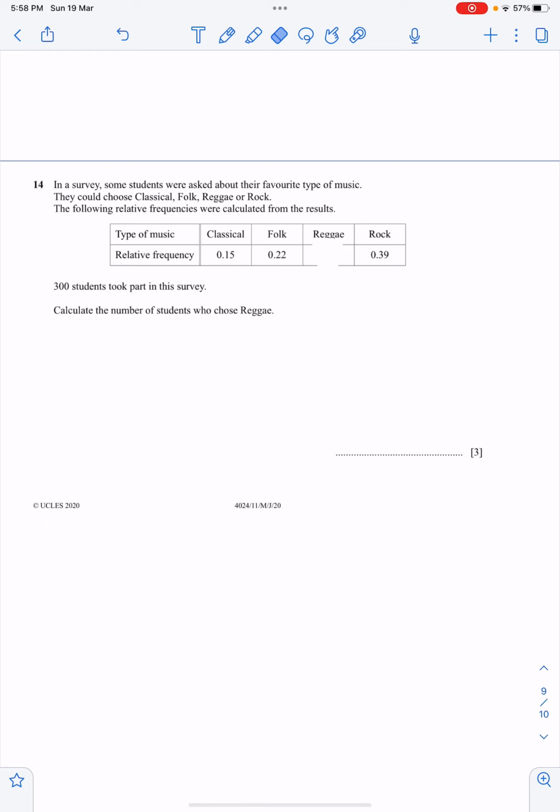First of all, we know that the sum of all the relative frequencies is 1. So for reggae, the relative frequency is 1 minus the rest of them, 0.15 plus 0.22 plus 0.39. Adding them up, it is 0.76.